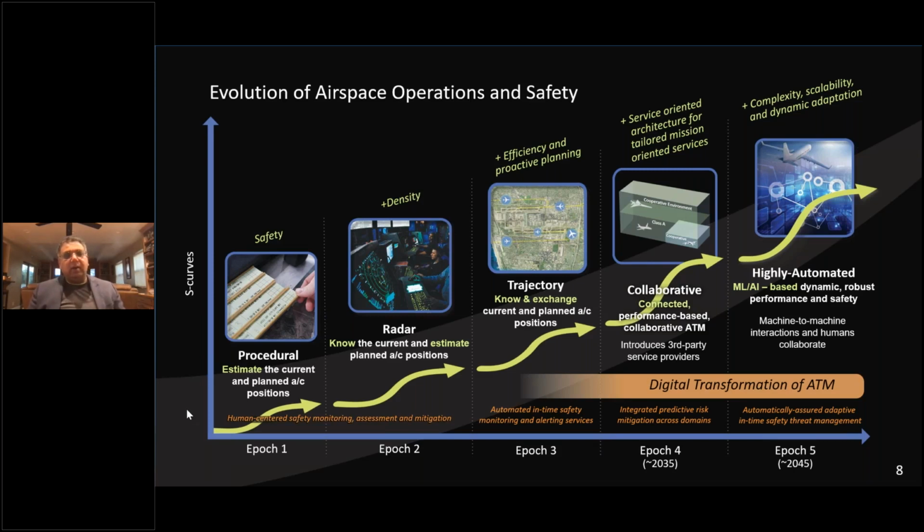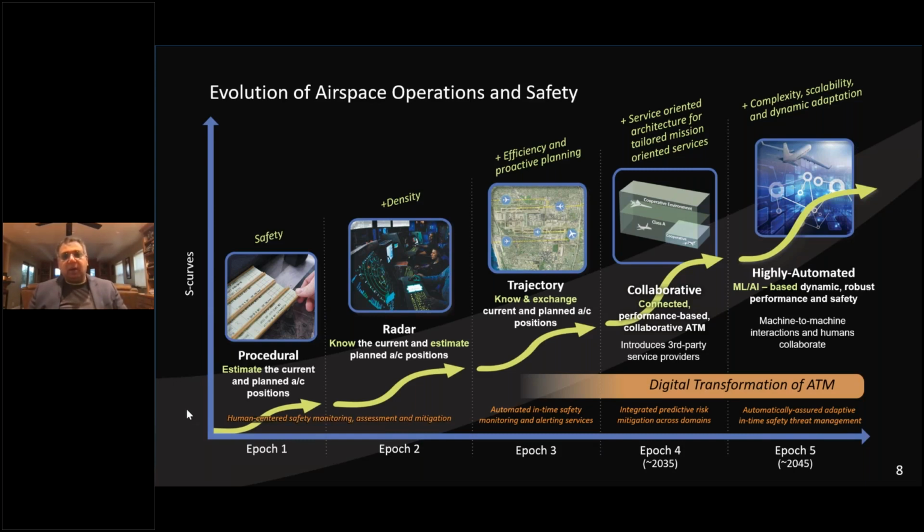Then came along the radar, where we could know the exact position of the aircraft, and then we can estimate it. Then came the 4D trajectory, which allowed us to estimate the planned positions a lot more tightly in 4 dimensions. So that's when we became more proactive and started to increase efficiency.